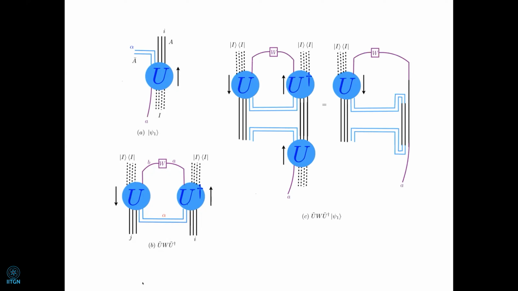We apply this operator to this initial state. What we get is that this U total and this U somehow get contracted. Then we get the identity from these three lines to these three lines.